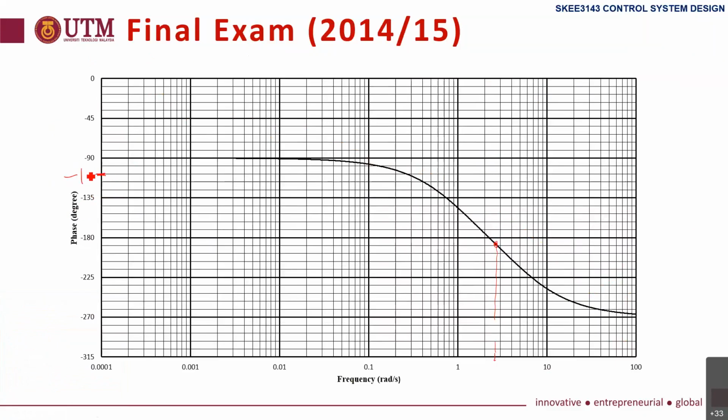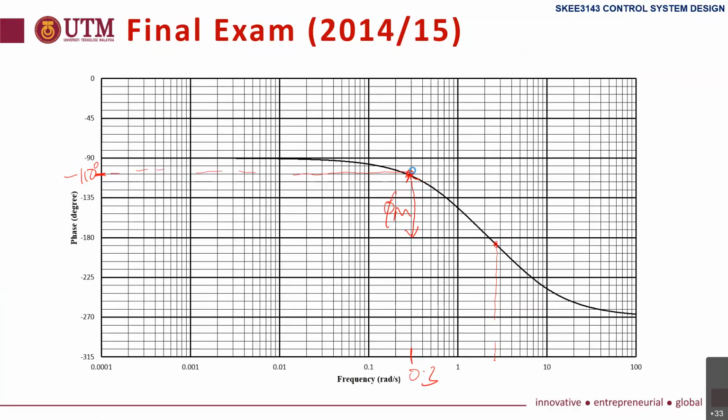This is about 110 degrees. It's here. So this is the one at about 0.3. If we can make sure this point becomes the phase margin, then we can get about 69.2 degrees phase margin.